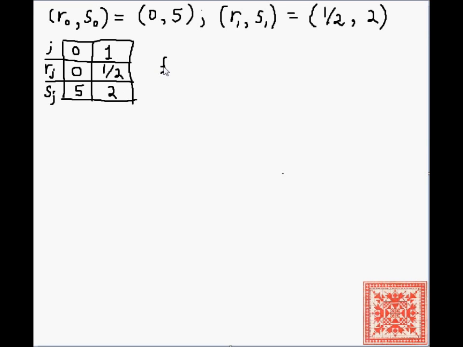So the step function f tilde is the sum from J equals 0 to 1. These are the possible values of J, because we have two sample points. At each value of J, we compute this product, S sub J times phi, the unit step function on the interval from R sub J included to R sub J plus 1 excluded.